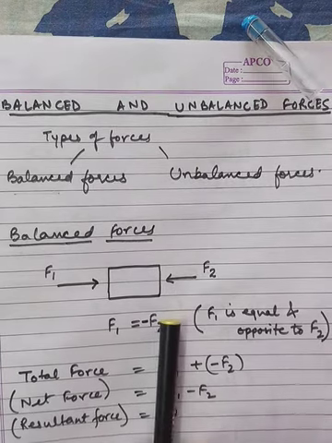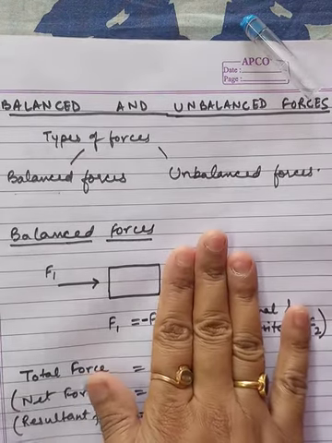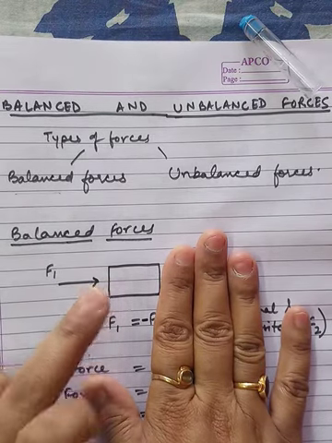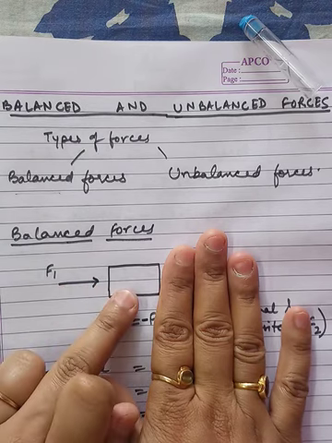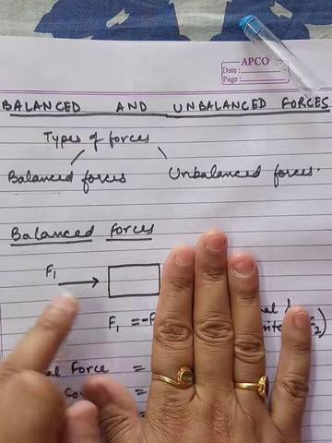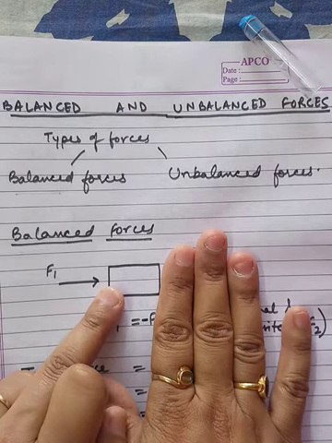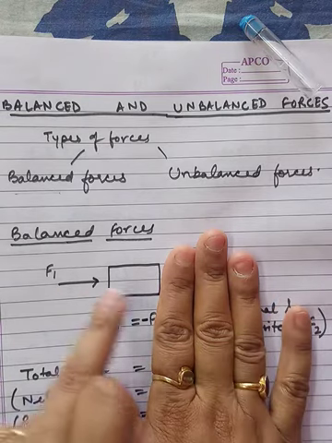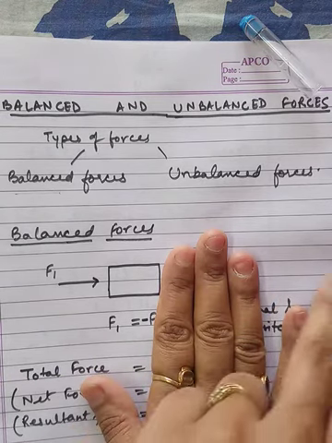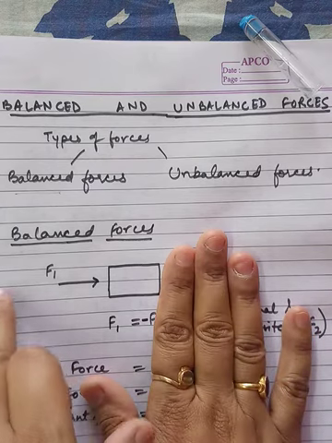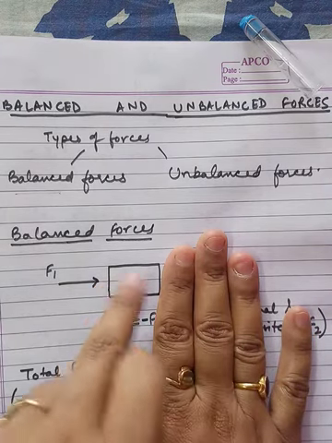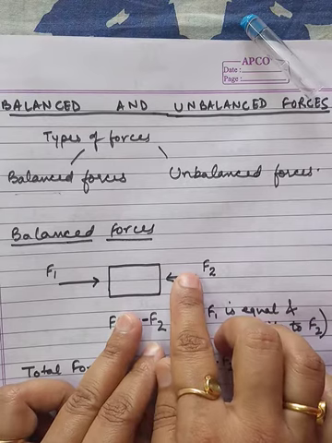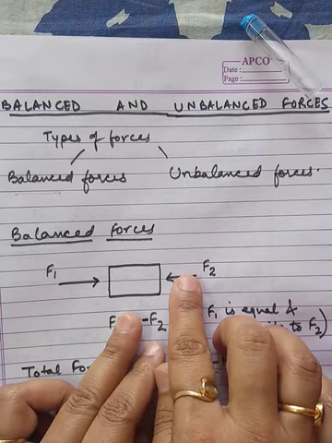Now let's say F2 is not considered. First, we consider only force F1. Then the object will move towards the direction of force. But if the same amount of force F2 is acting from the opposite direction, the object will not be able to move.